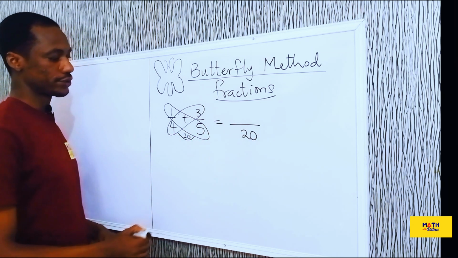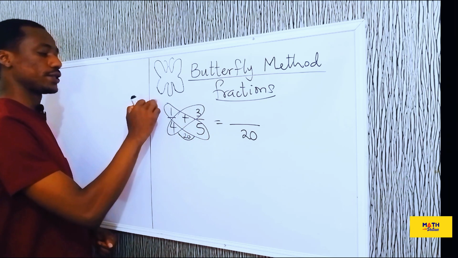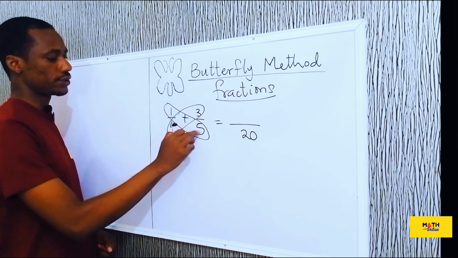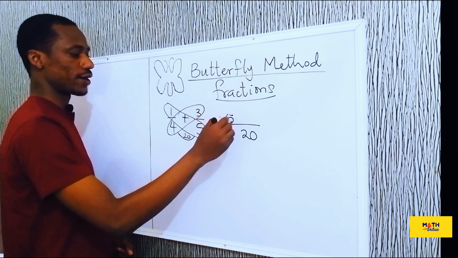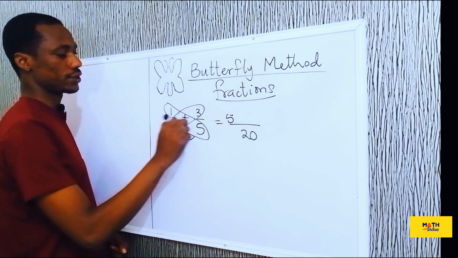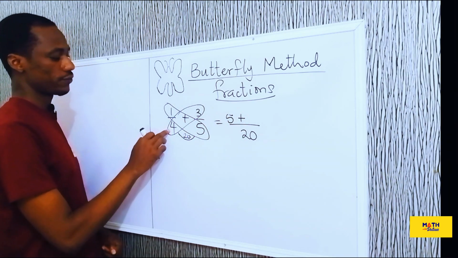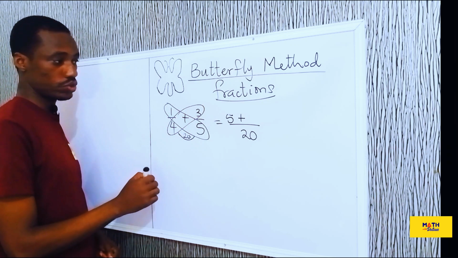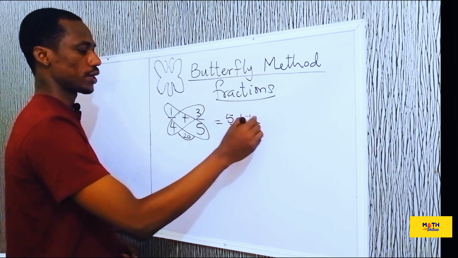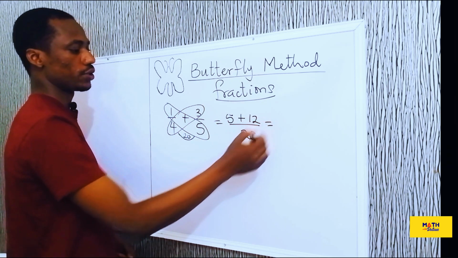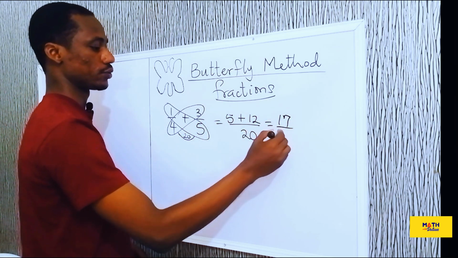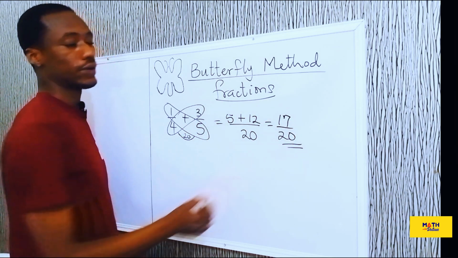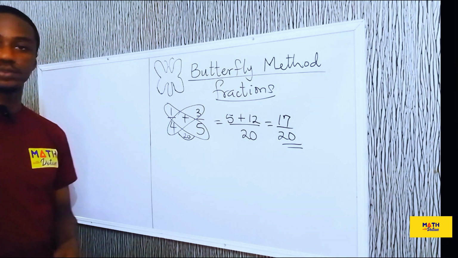So you write your 20 and then you multiply this cross. 5 times 1 is 5. Then you put your sign, addition. 4 times 3 is 12, right? Then you write that. Okay, so we're done. 5 plus 12 is 17 and then over 20. So this is it, easy peasy butterfly.